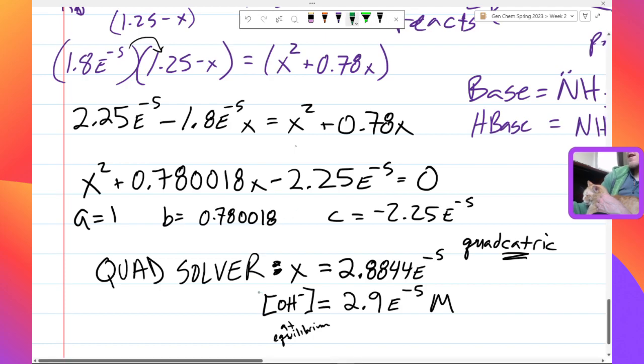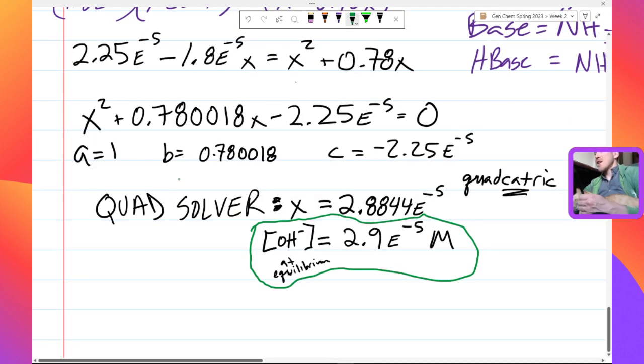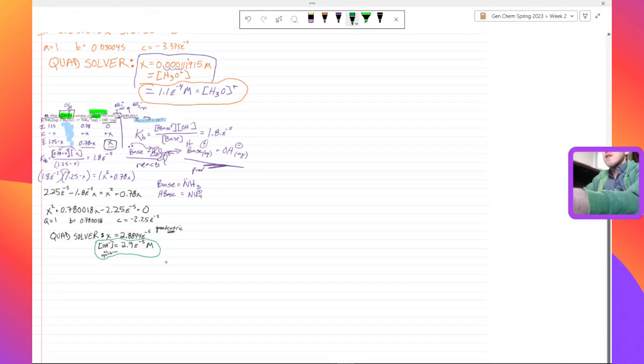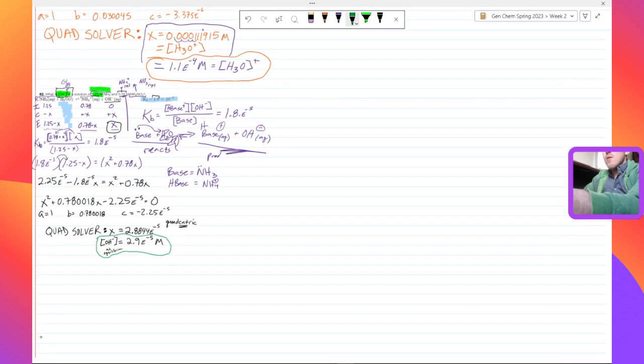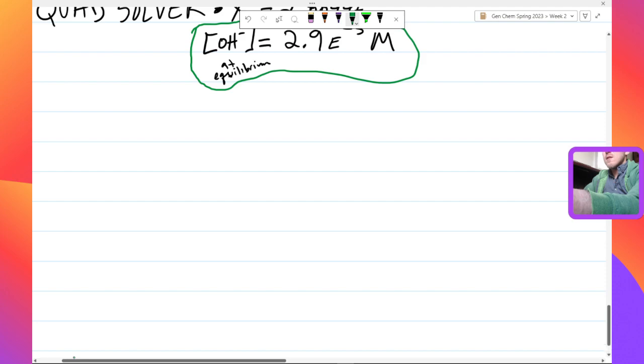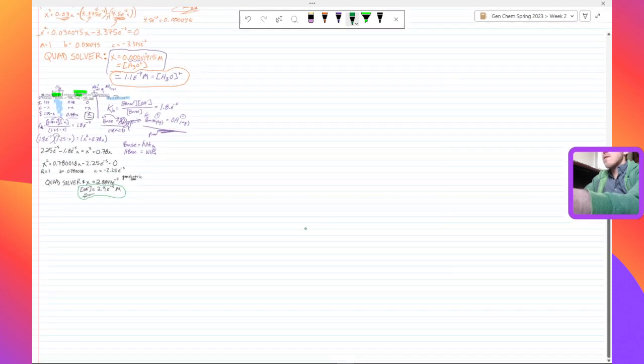And that's actually like kind of a lot. Like if you put your hand in that, you probably would not be happy. That would probably steal a lot of protons from your hand. So there we go. That's the answer to that one. And obviously, I do not recommend sticking your hand into an acid or base solution. They were both very bad for you.